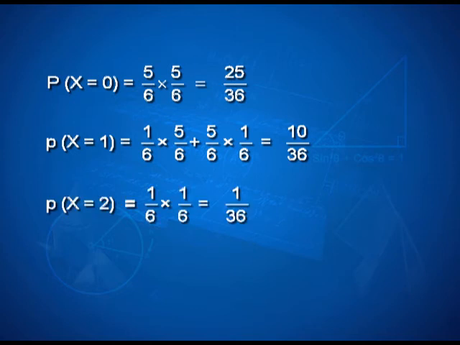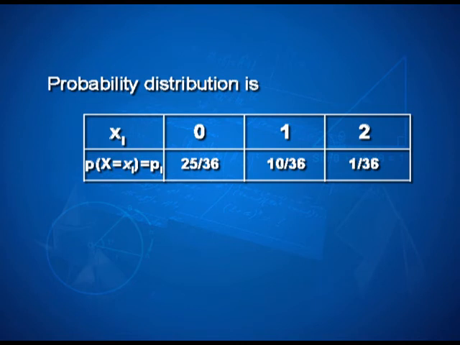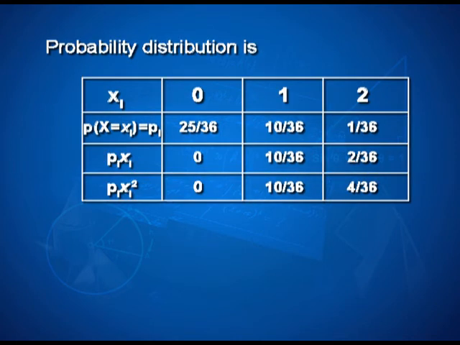Similarly, we get the probability of x equal to 2. Once I have these probabilities, we are ready to give the probability distribution as this table. As a check, always calculate the sum of the probabilities and ensure that it adds up to 1. And now we are ready for calculation.